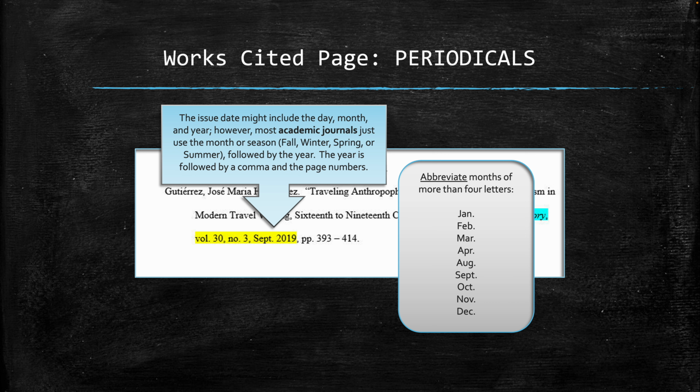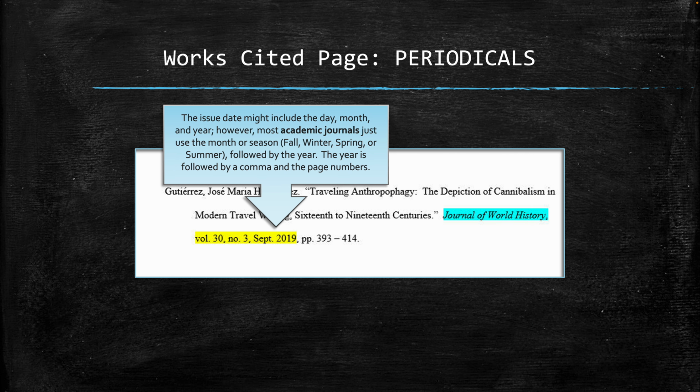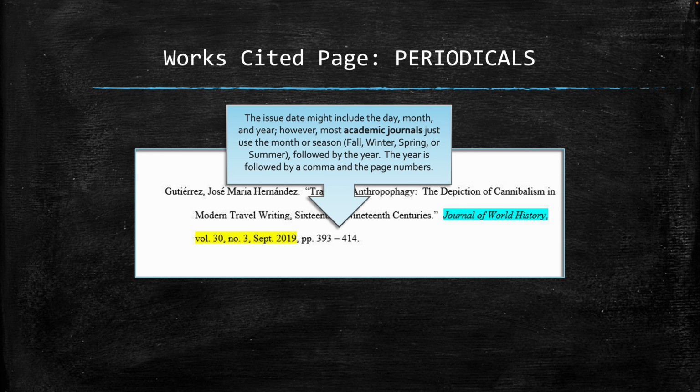And May, June, and July are not abbreviated at all. After the publication date, you have a comma, and then the page numbers for your article, followed by a period. And that is a complete works cited entry for an article from an academic journal.